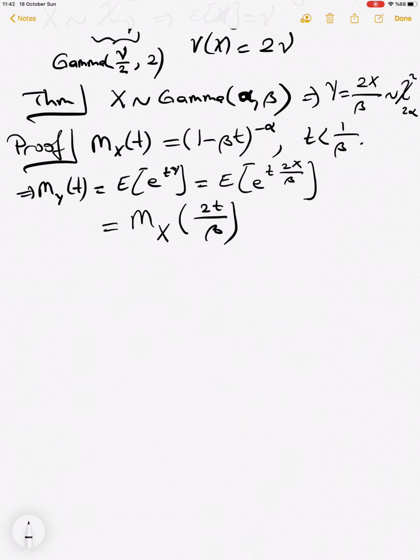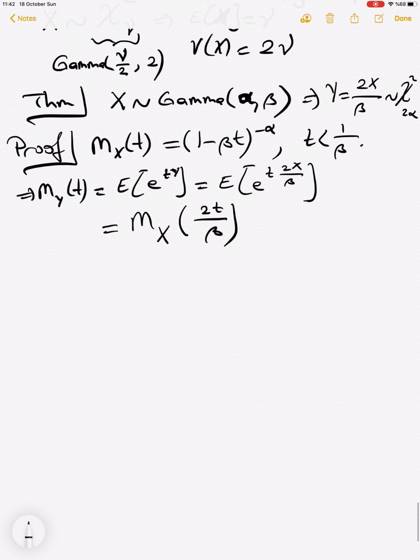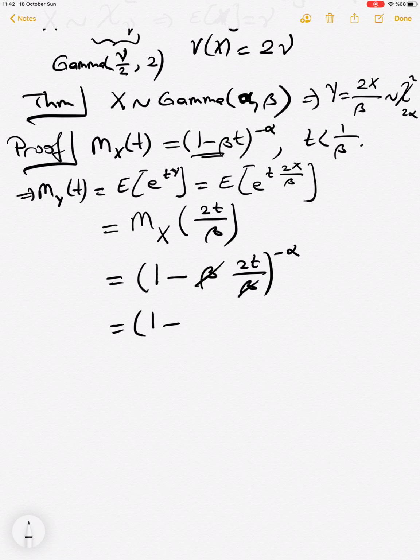Then we know the moment generating function of X, so we have to replace t by 2t over beta. Then 1 minus beta, replace t by 2t over beta, to the power minus alpha.